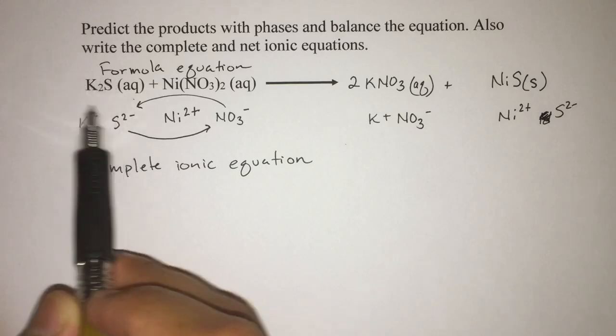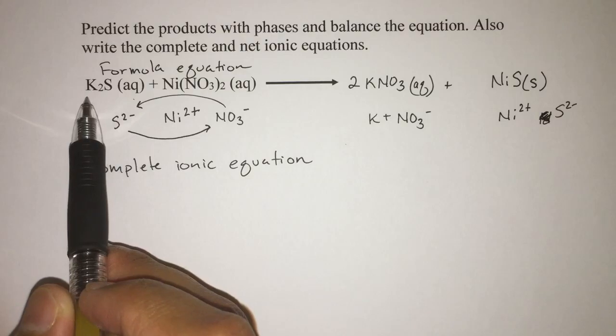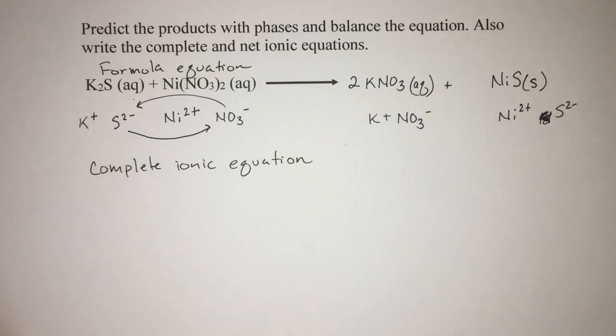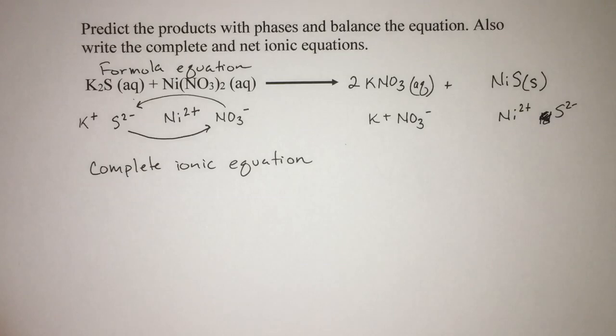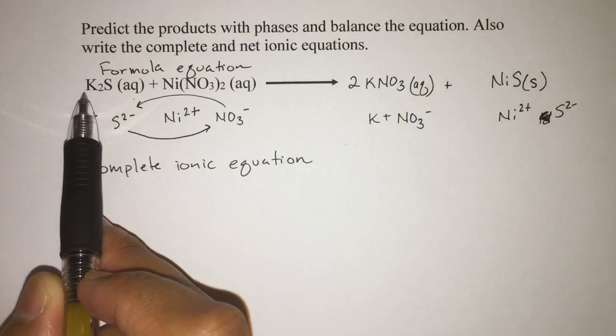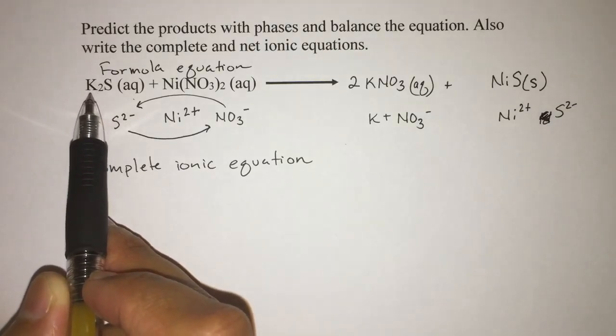When this thing dissolves in solution, watch very carefully. 2 potassium ions will dissociate for every 1 unit of compound. So let's think in terms of moles. For every 1 mole of species, there are 2 moles of the potassium ion.